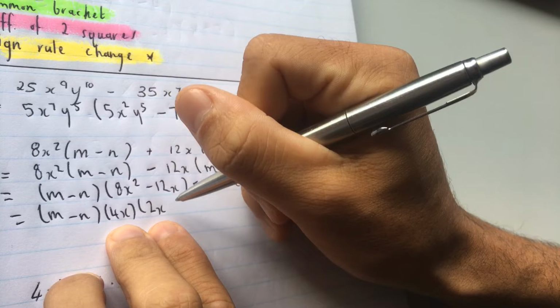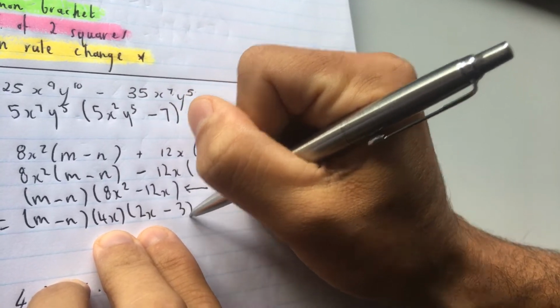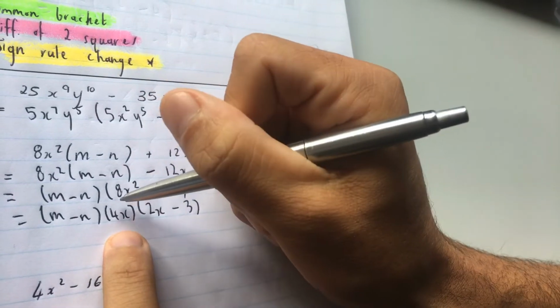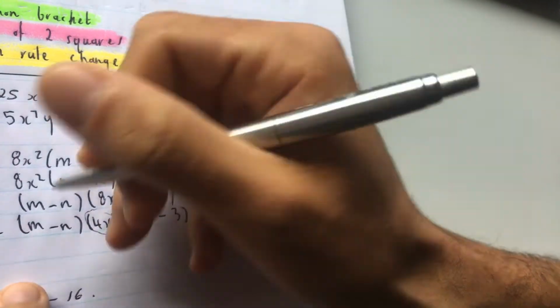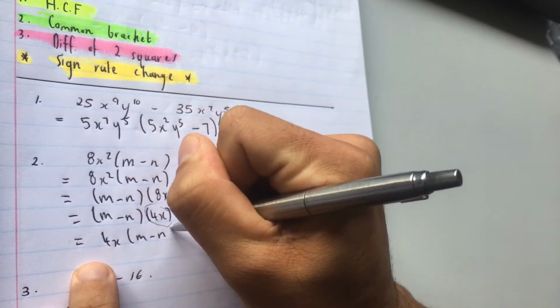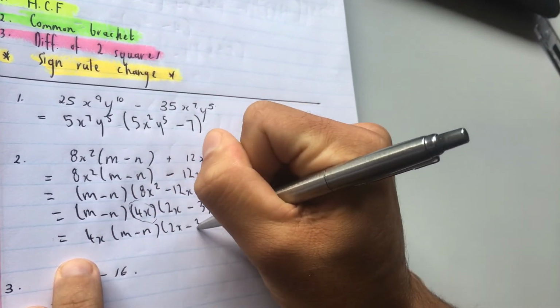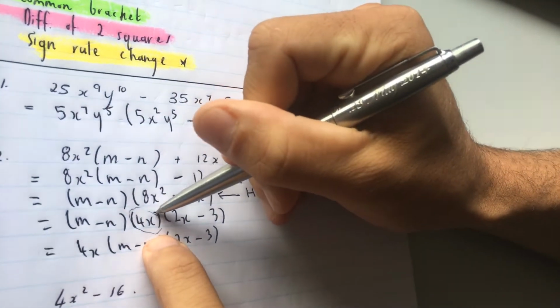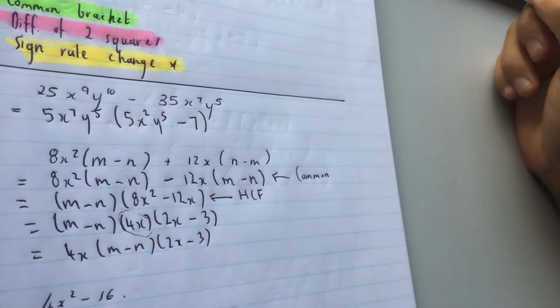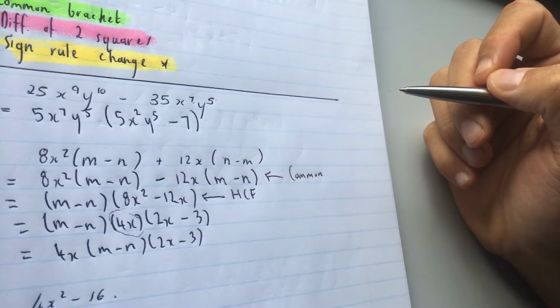And then what must I times that by? Negative 3, is it? Yeah, check myself. Correct. And normally you would like to put this in the front, so 4x, open brackets, m minus n, close brackets, 2x minus 3. That's how the memo will look. But if you put it in the middle there, I'll still mark it right because it's commutative law. It's common brackets with a highest common factor.